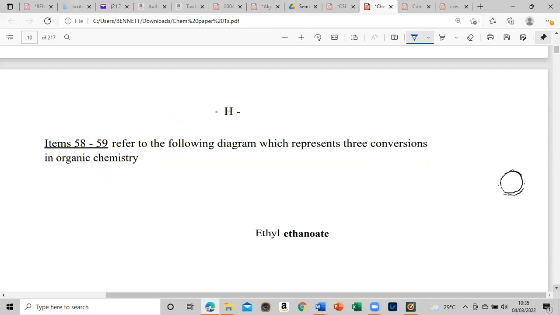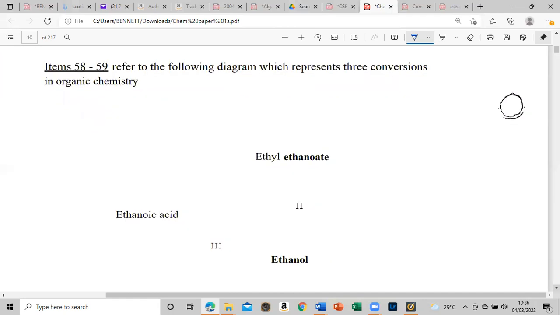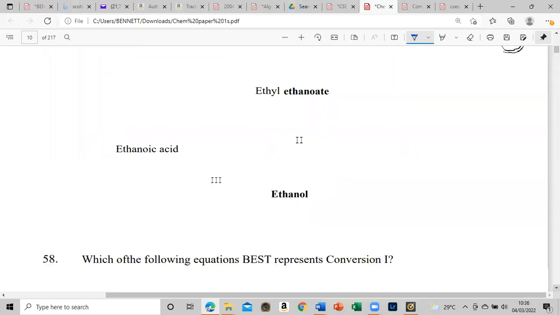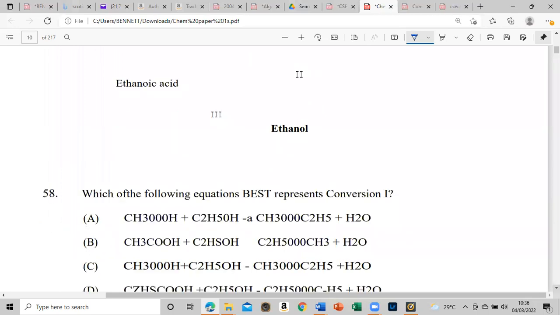Let's move on to 58. 58 and 59 refer to the following conversion in organic chemistry. Ethyl ethanoate to ethanoic acid to ethanol. Which of the following equations best represents conversion 1?